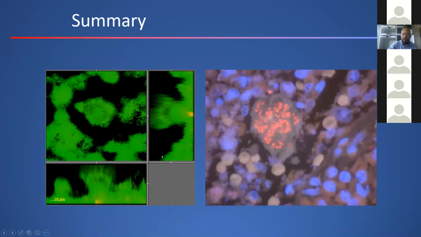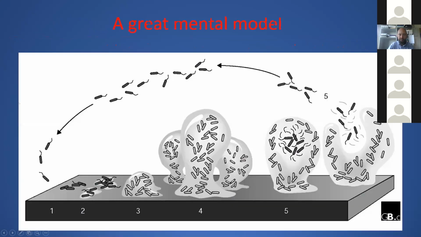So in summary, we have 2 great biofilms. We have the model system. We also have the chronic infections, and both are biofilms. Both are just as good biofilms. There's no biofilm better than the other one, but we need to understand both of them before we can start to investigate the infections in vitro and start to extrapolate our in vitro results into an in vivo setting.